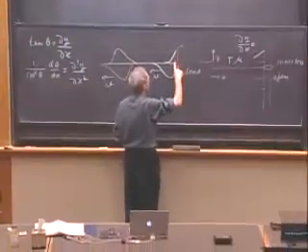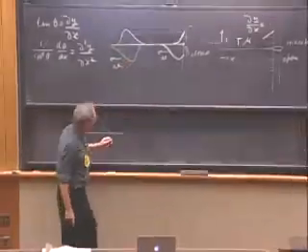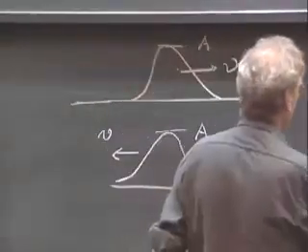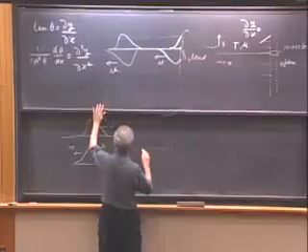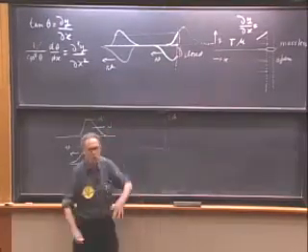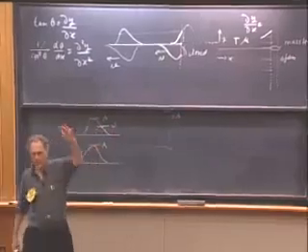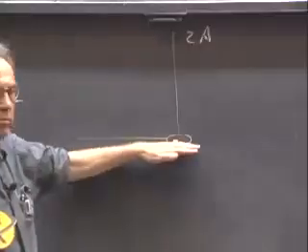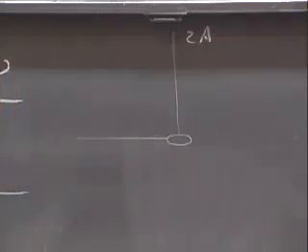Now you have to add this A to that A, and so what you will see is that the ring will go up to 2A. It will make a huge excursion, twice as high as the incoming one, and then it will go back to 0, and then the mountain rolls back.